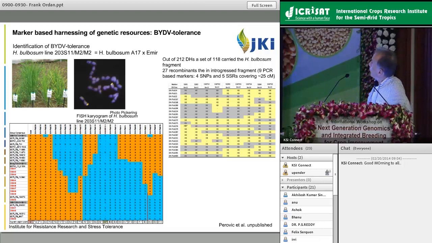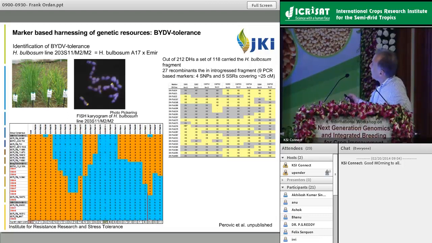So in a first step, we crossed this line to an adapted cultivar and developed DH lines. It turned out that half of these lines carried the introgression, and then we used 9 markers to identify recombinations within this introgression. And for good luck, we were able to identify 27 different recombinations in this introgression.